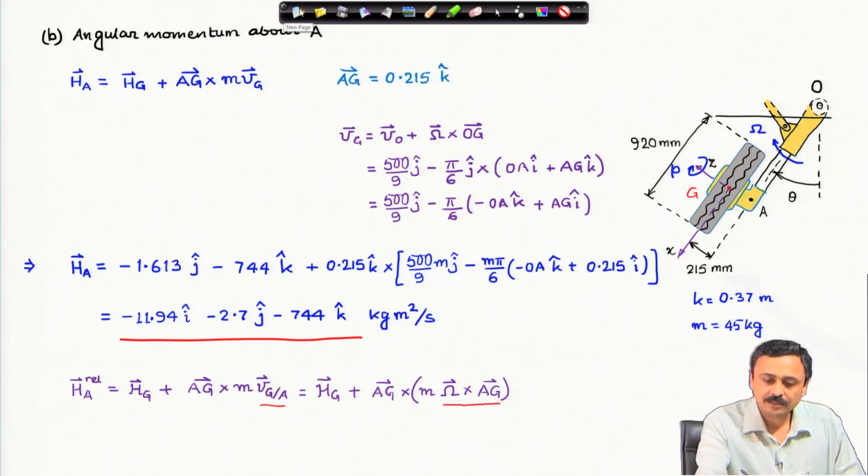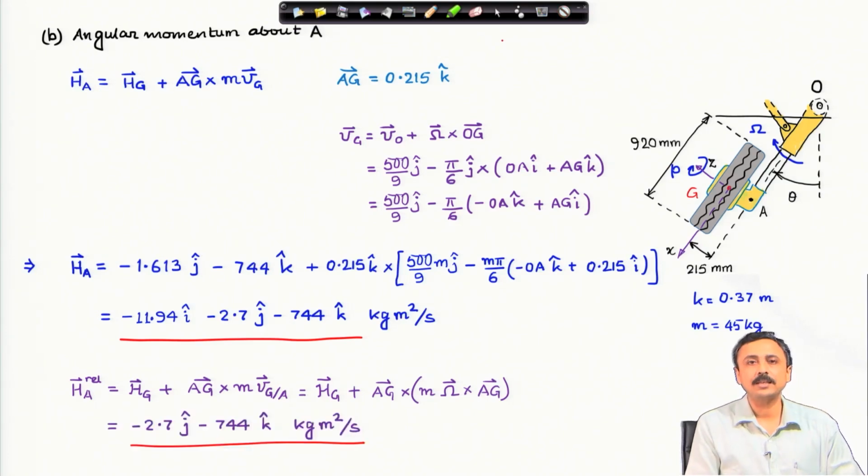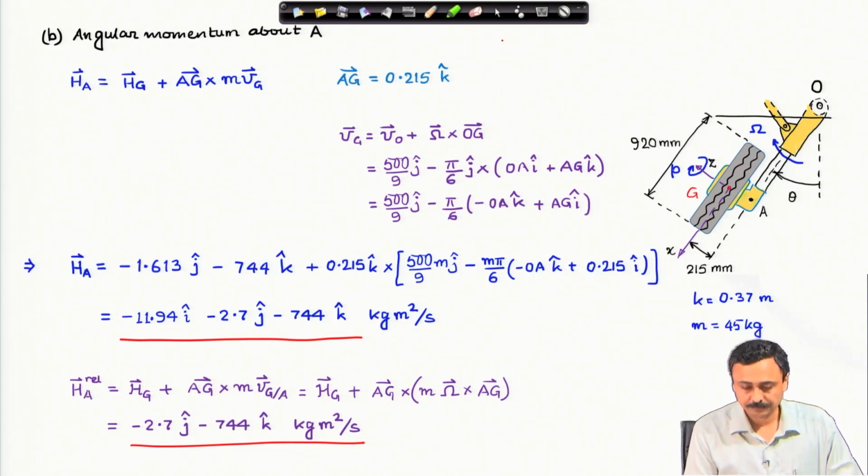If I substitute all these expressions, I get this as the relative angular momentum of the wheel about A. So, that completes this problem.